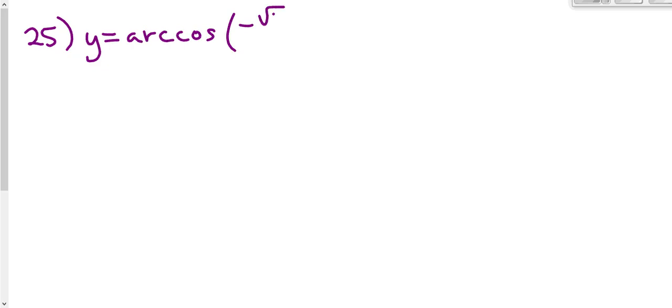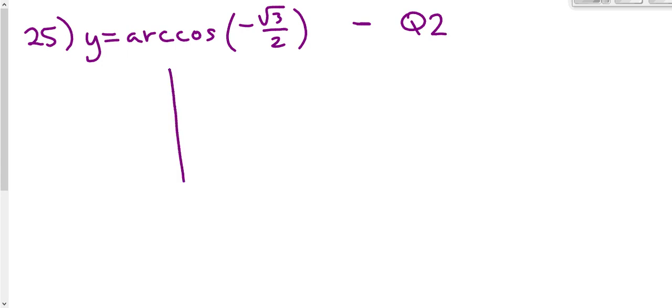25. y equals arc cosine of negative square root 3 over 2. Okay, it's negative, and since it's negative, we're going to be in quadrant 2 for arc cosine. Remember, it's quadrants 1 and 2 for arc cosine, 1 and 4 for the others.